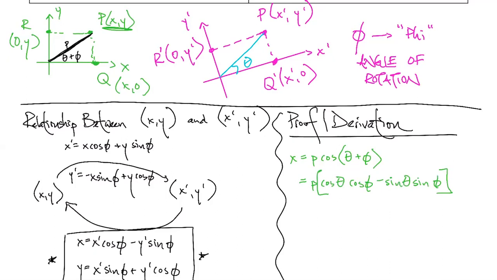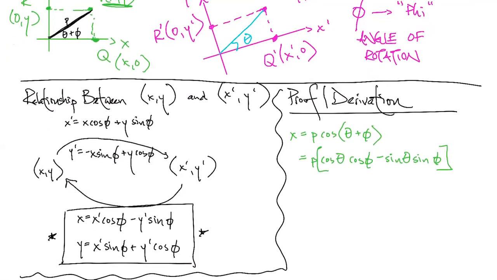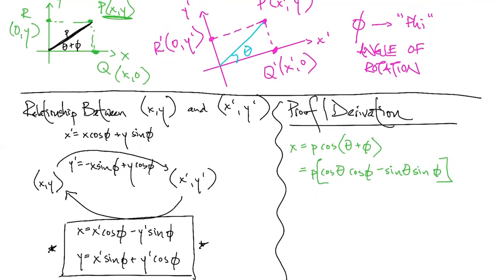And I'm going to pause here for a moment, okay? I'm going to do the same thing with the y value on the green graph. So the y value on the green graph, how could I represent that using lowercase p and a trig function?